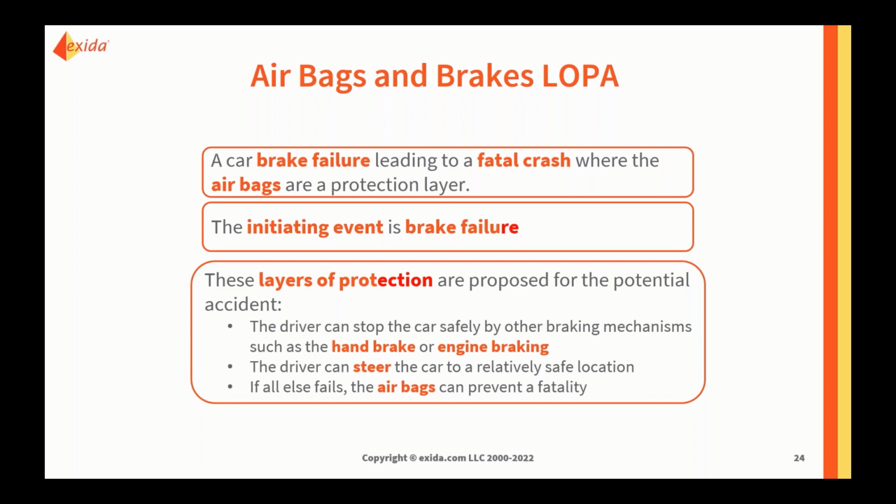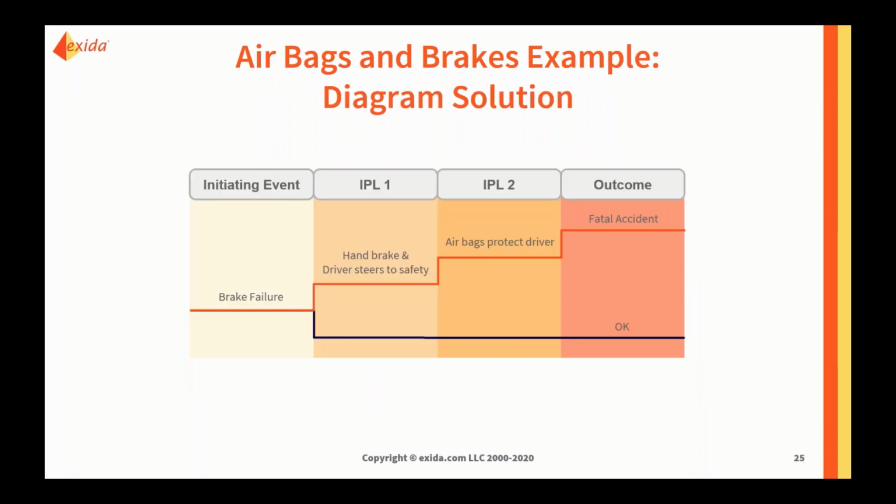So taking this situation and putting it into a basic LOPA diagram, we see the initiating event of brake failure. We see the combination of the handbrake, engine brake, and steering to safety considered as a single protection layer. And the reason for that is that each of these different actions still has one element in common, and that's the driver.